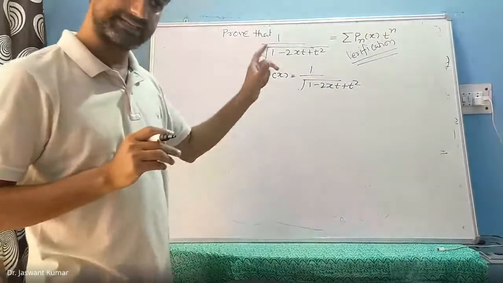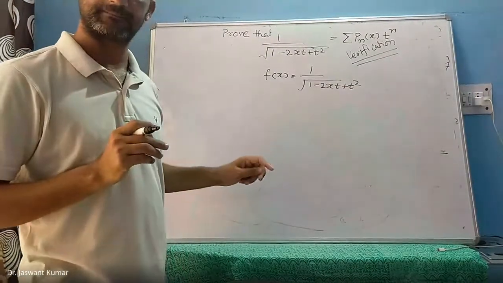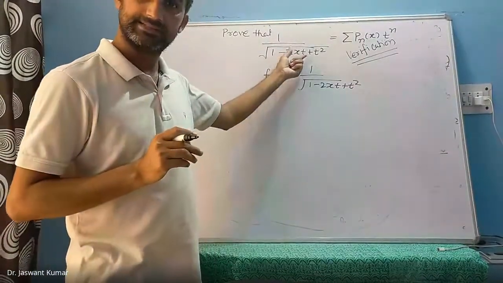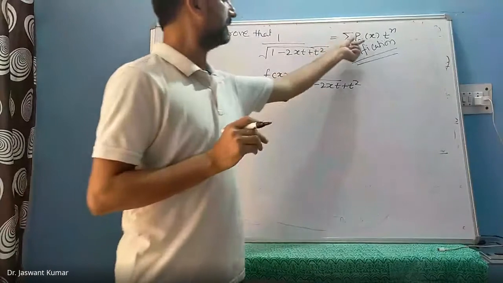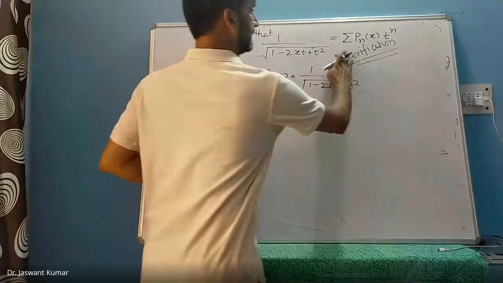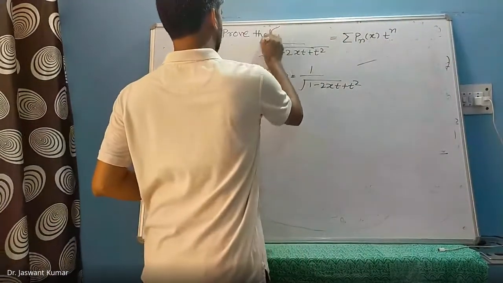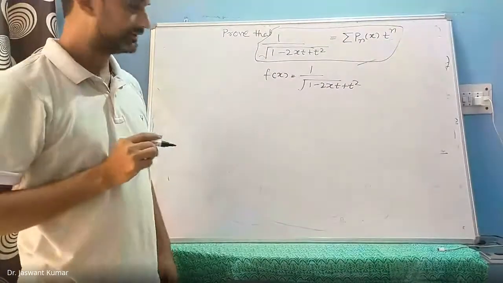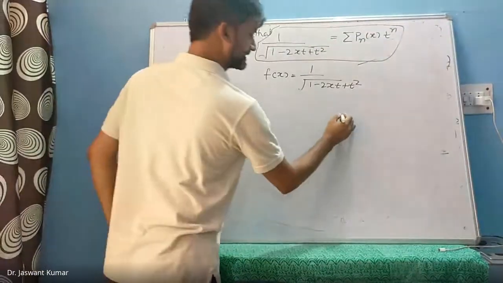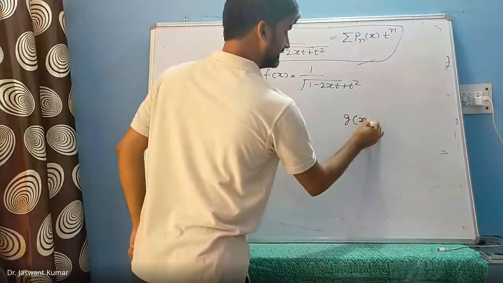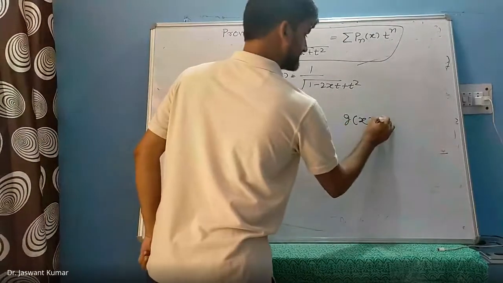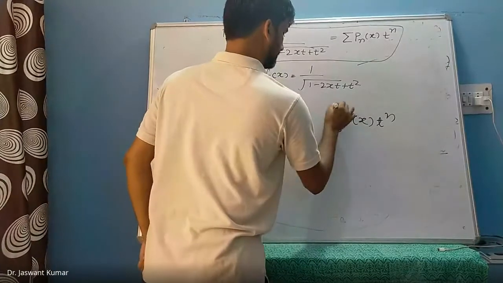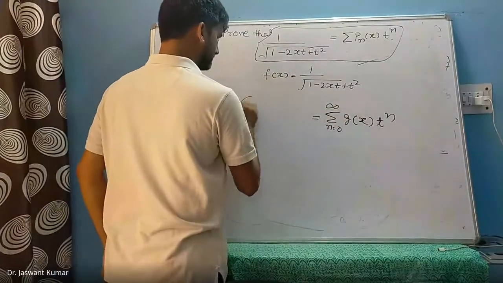As to what is the general meaning of a generating function: a generating function is some general mathematical expression which can be written in this form, for example. If you want to calculate some generating function for some g of x, then the generating function for g of x will be some G(x,t).